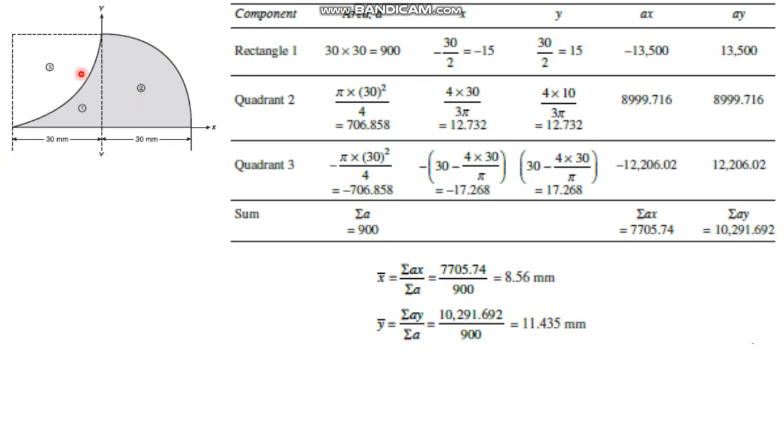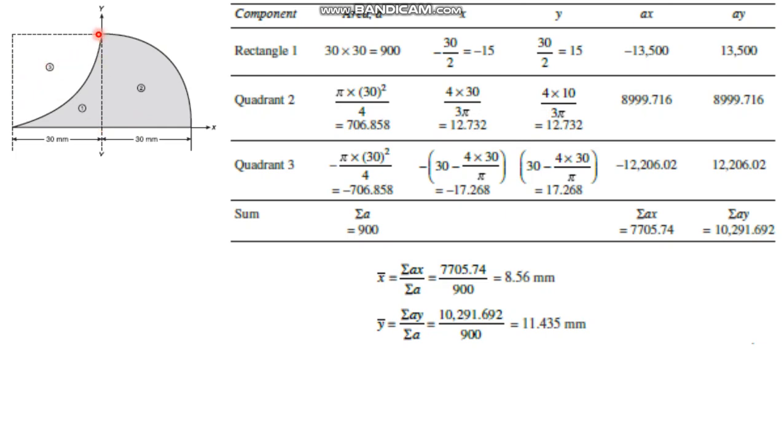Okay, then the second area, that is this quarter of the circle. The centroid will be x2 and y2, both positive because they are in the first quadrant. The centroid will be here: x2 is 4r by 3 pi, and from here this distance will also be 4r by 3 pi. Next, the third area's centroid will be here.